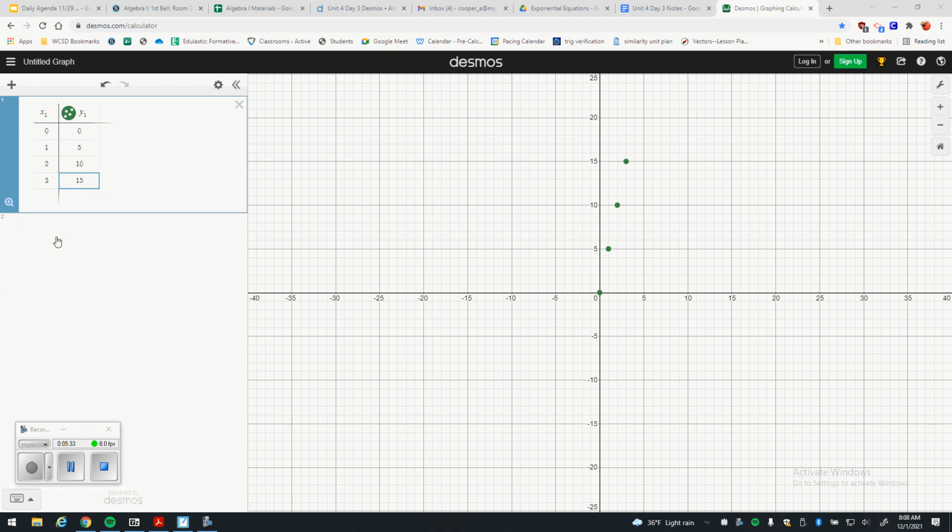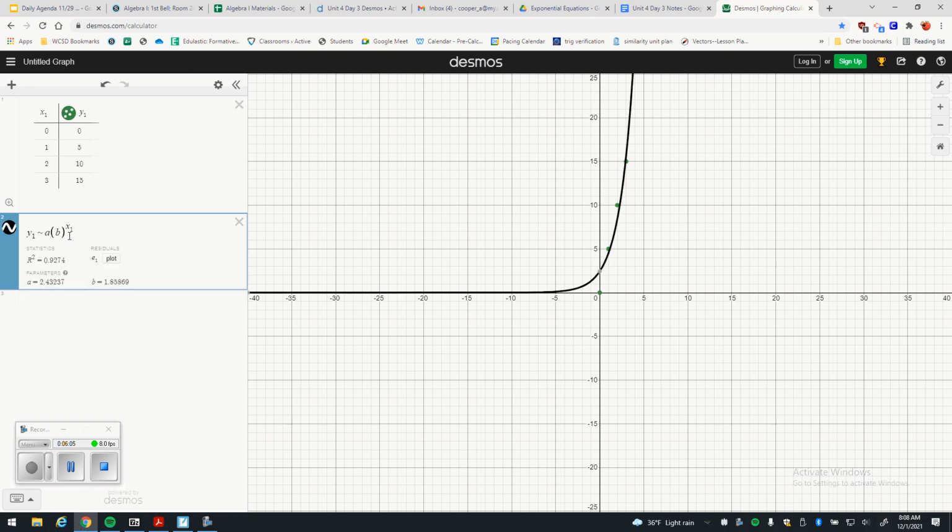Does anybody remember this squiggle equation for the exponential? Do you remember we type in y1, squiggle? Everybody's typing this in, please. Where's the squiggle button? Shift to the left of number 1. Then I put in a times b to the x1.